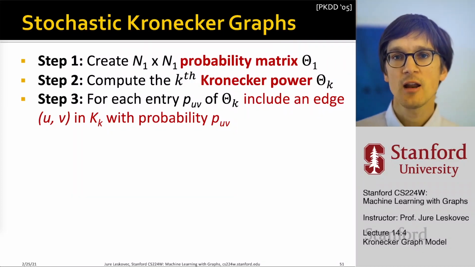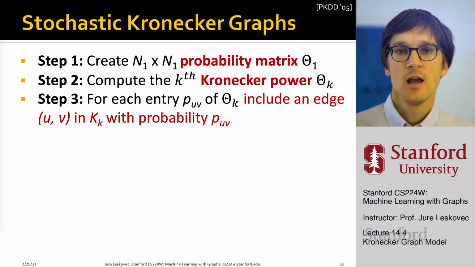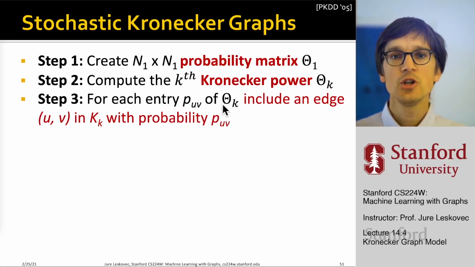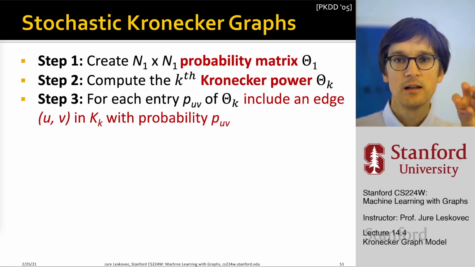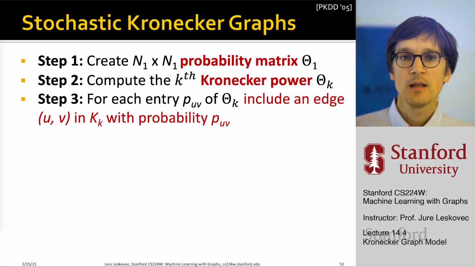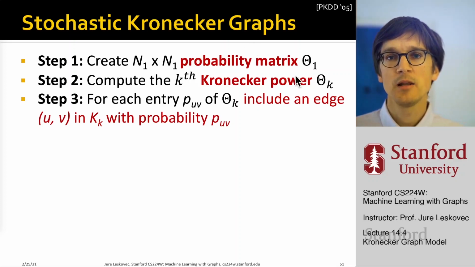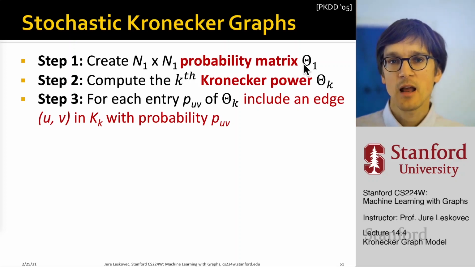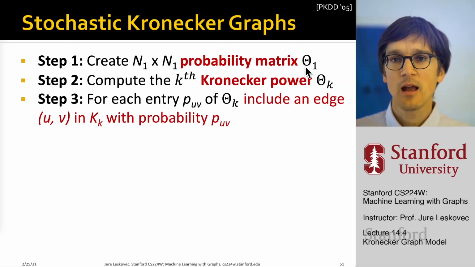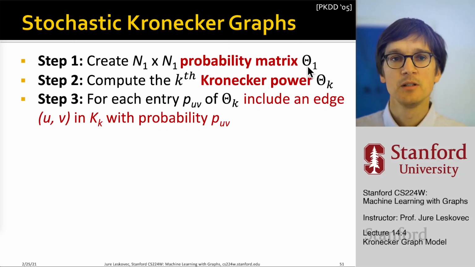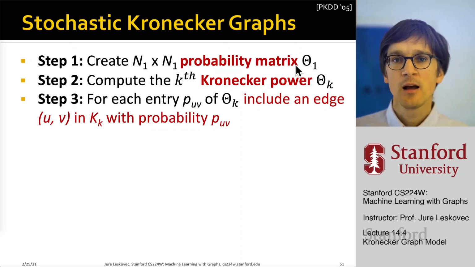And the way we generate random graphs with Kronecker graphs is that rather than thinking of the initiator matrix as a little 0, 1 type matrix, we are going to think of it as a probability matrix. So rather than having K1, we are now going to have theta 1. And rather than K having either an edge or no edge, now we will say that every edge has a probability between 0 and 1. So theta is now a matrix of probabilities.